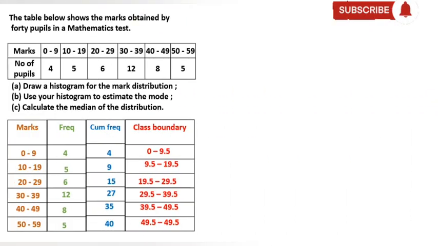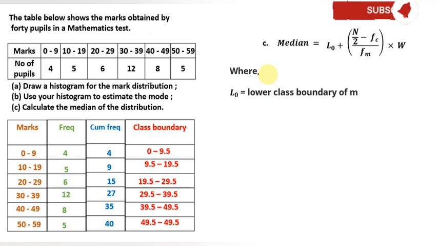Next, we are going to look for the median. To calculate the median of the distribution, we are going to use the formula: median is equal to L naught plus N over 2 minus FC all over Fm times W, where L naught is the lower class boundary of the median class.